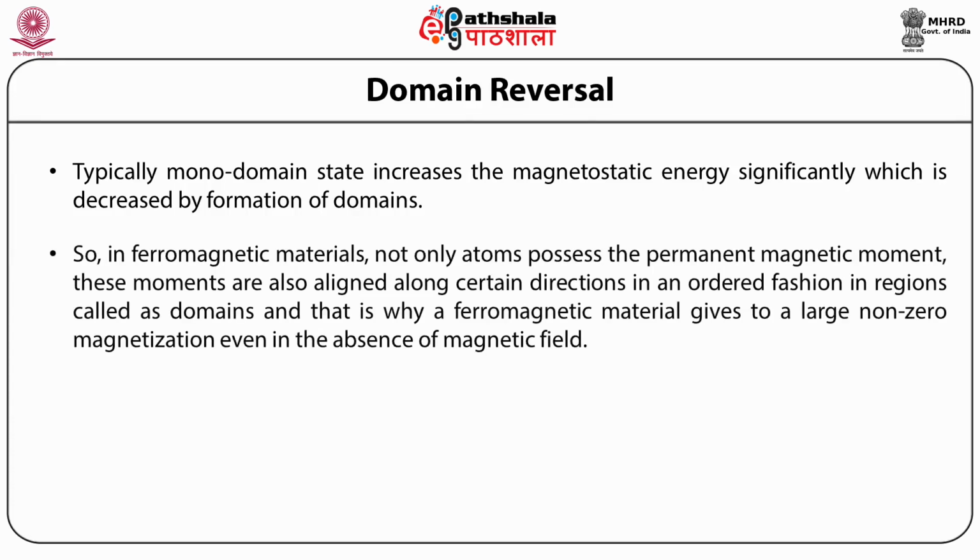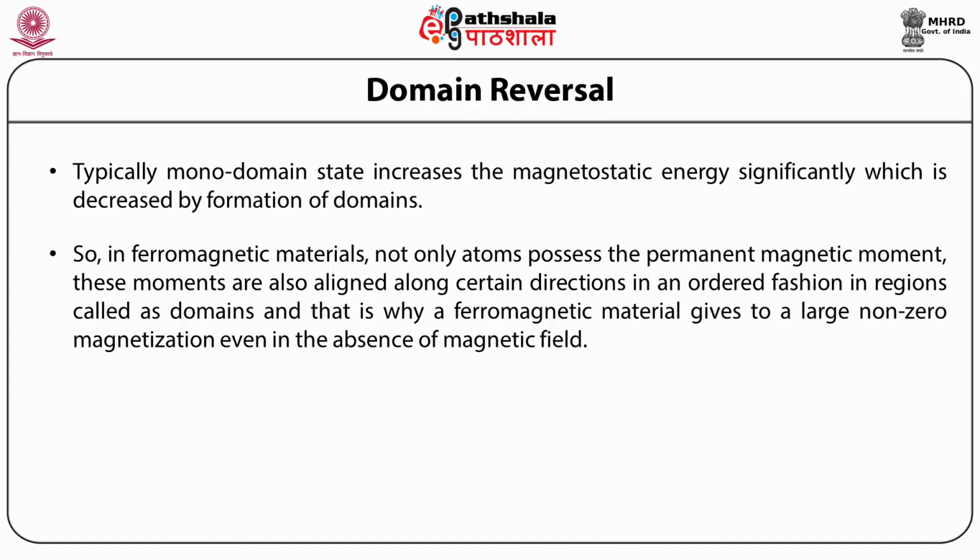In ferromagnetic materials, not only do atoms possess a permanent magnetic moment, these magnetic moments are also aligned along certain directions in an ordered fashion in regions called domains.